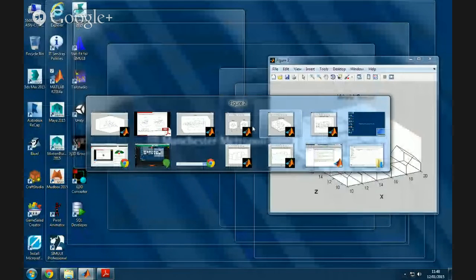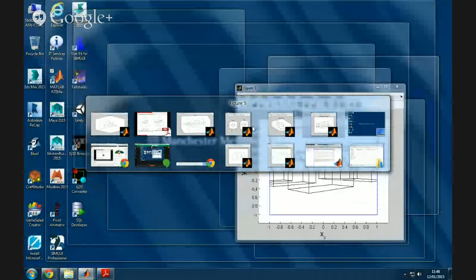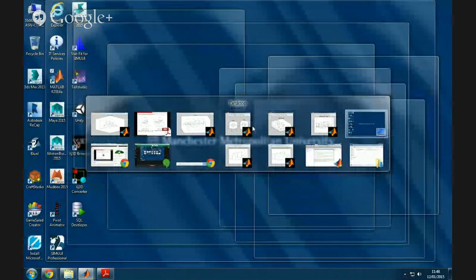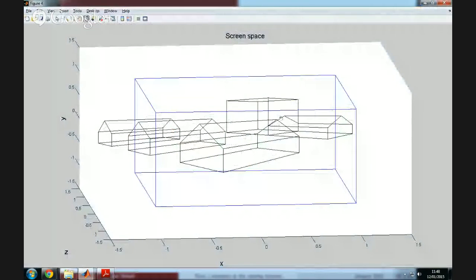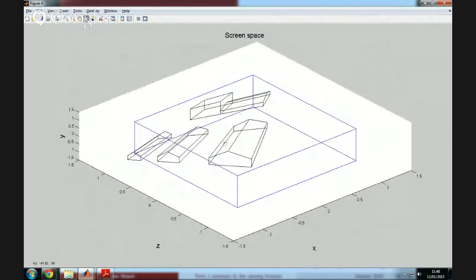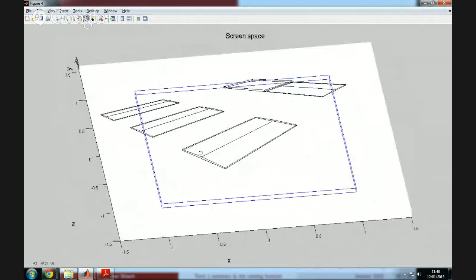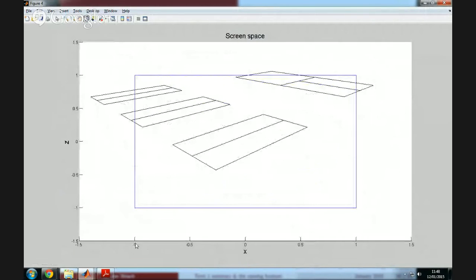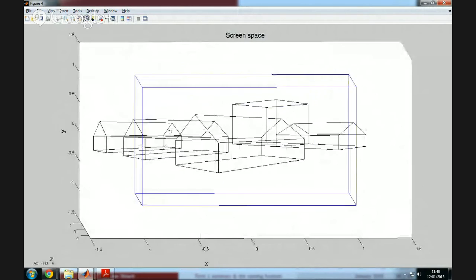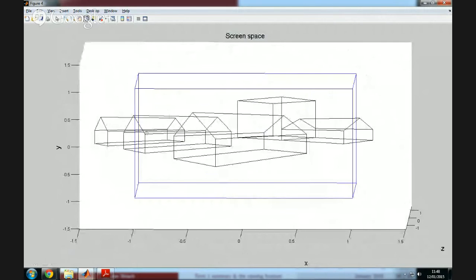Where's the clip space? Bear with me one second. Okay, this is the transformed screen space. As you can see, this viewing frustum is now a unit cube. So it goes from -1 to 1, -1 to 1, and also in the Z, -1 to 1.